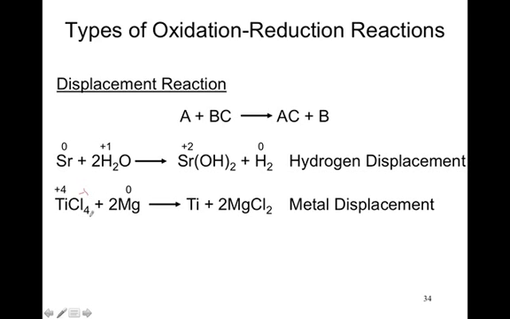So if this is a -1 and there's 4 of them, titanium's probably a +4. Magnesium's on its own, so it's 0. Titanium's on its own here, so it's probably a 0. And chlorine is probably a -1, and there's 2 of them, and magnesium is probably a +2 to balance it. Sorry about the sloppy 2.